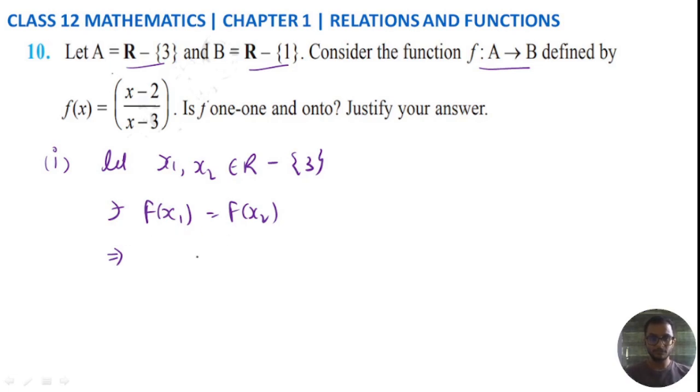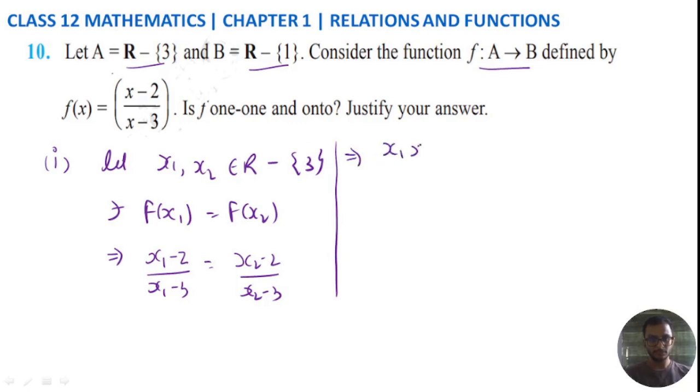Okay, so f(x1) equals f(x2), which shows that (x1 minus 2) upon (x1 minus 3) equals (x2 minus 2) upon (x2 minus 3). This is well defined because x1 and x2 are not equal to 3. Let's simplify it a little bit.